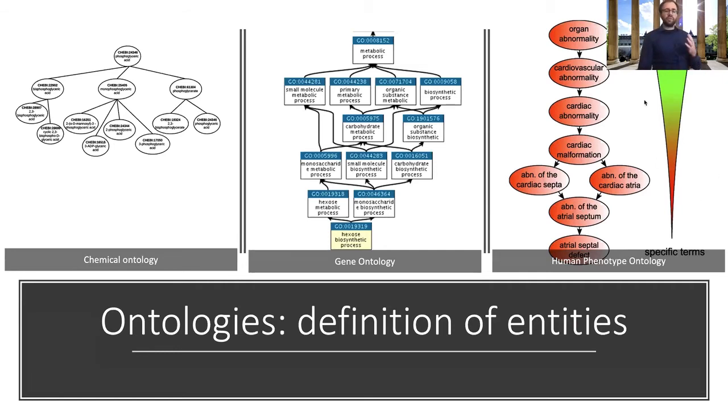So just to make it a bit more concrete, the human phenotype ontology is all about describing human phenotypes. So this example shows you that you can start with a very general phenotype, which is organ abnormality, and then you can drill down to a more specific organ and to a specific type of organ dysfunction.